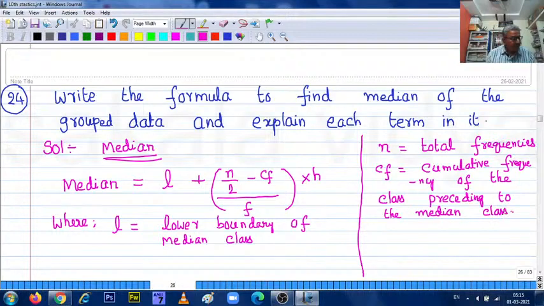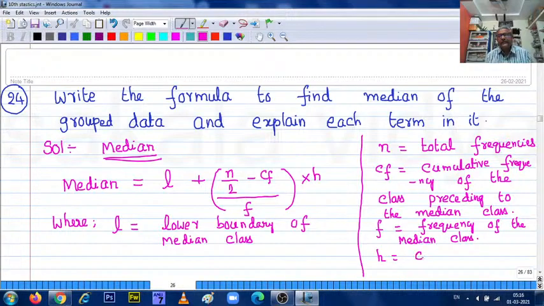CF. So next F. F is equal to frequency of the median class. H is equal to size of the class or class size.